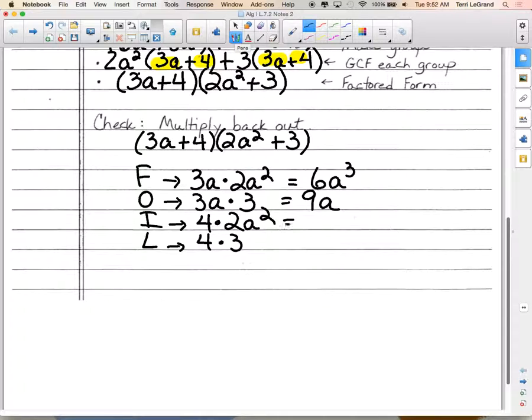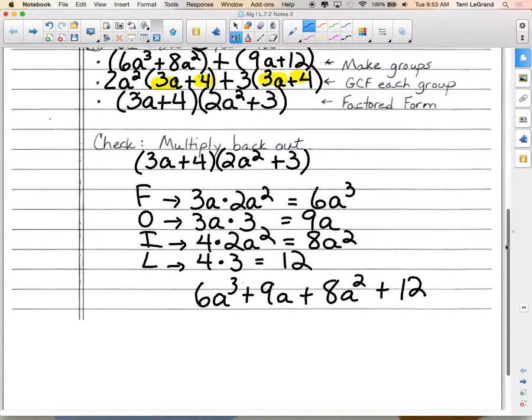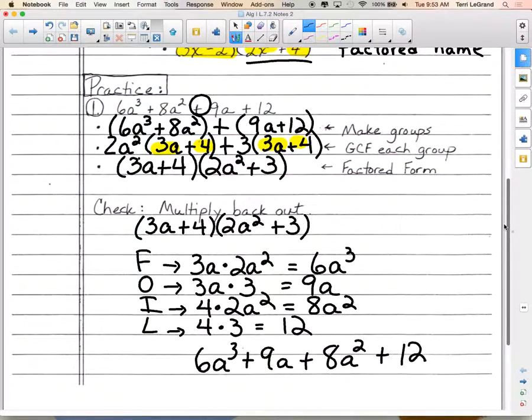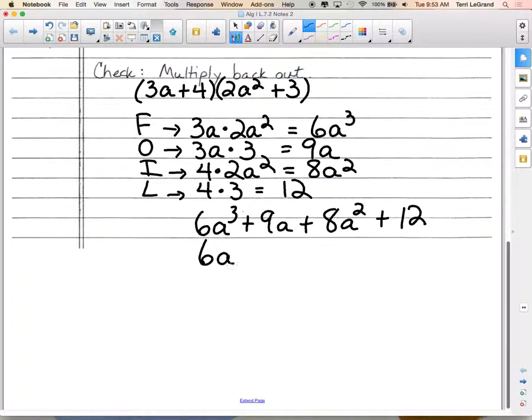Actually do the multiplying out. And then see what you can do. I don't see any like terms. But I do believe this one started out in standard form, so I'm going to put mine in standard form and see if it matches.